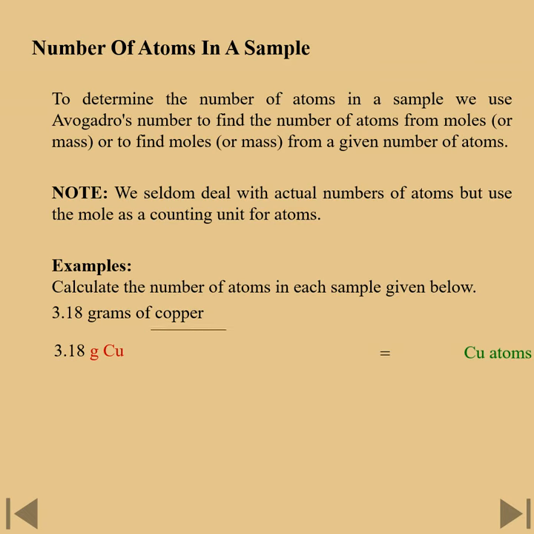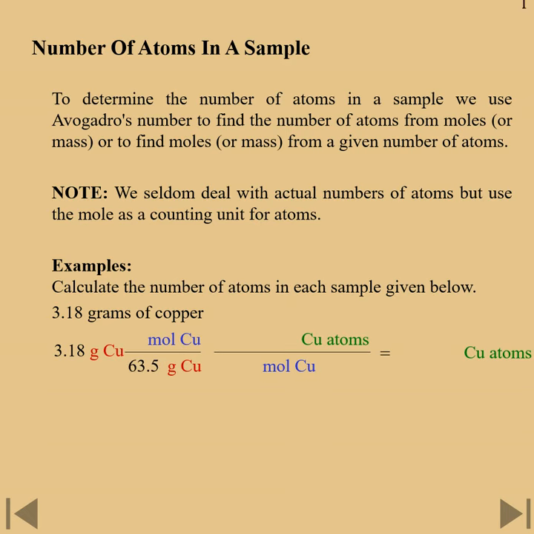And now, step 3, let's get out of that initial unit, so out of grams of copper. Can we go straight from grams of copper to a number of copper atoms? No, we get to a number of copper atoms from moles. So our first move is from grams into moles. Then from moles, we can go to an actual number using Avogadro's number.